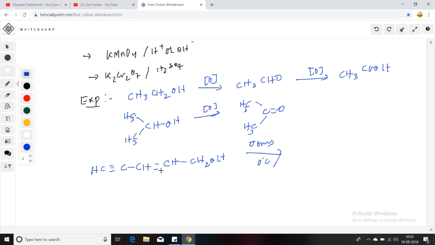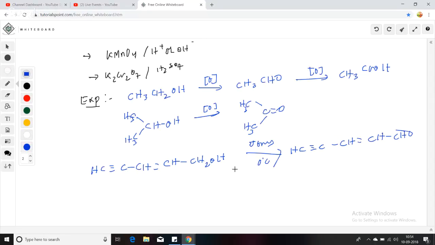This unsaturation won't have any effect, and this CH2OH 1 degree alcohol converts into aldehyde. This won't give us acid. It gives HC triple bond C CH double bond CH CHO, the aldehyde.